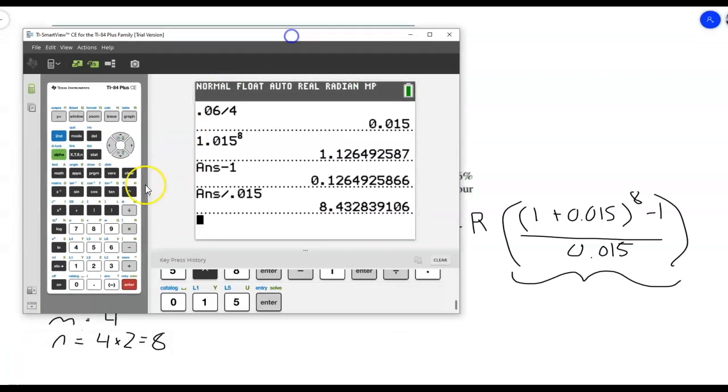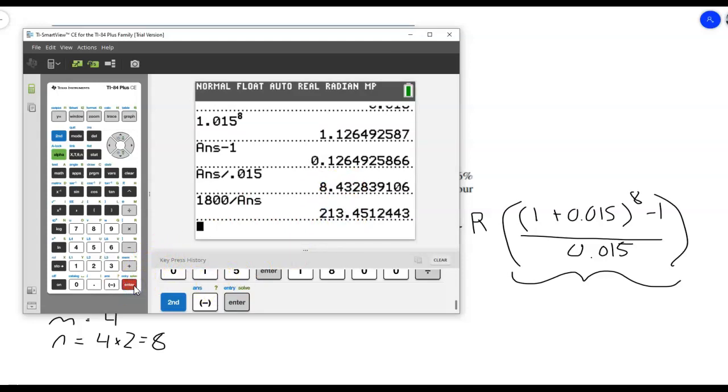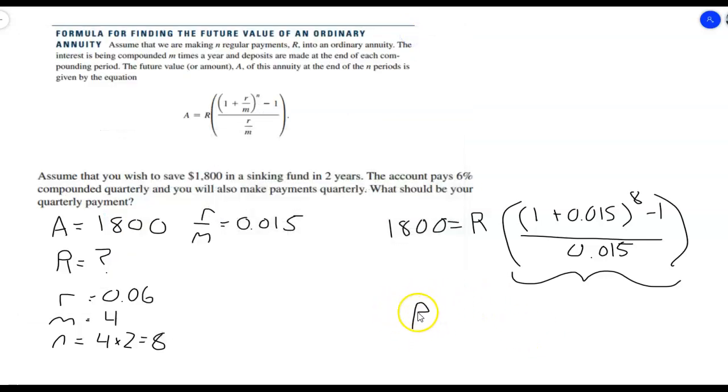What I can do here is just do 1,800 divided by, and if you have a little blue button that says ANS, that's answer, you hit the second and then the answer, and that'll pull up whatever your last answer was, which was the 8.43, and I divide by that, and you get 213.45. So our quarterly payment is equal to $213.45.